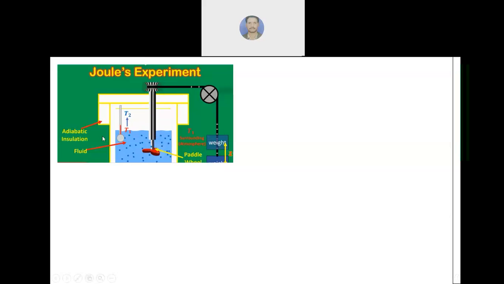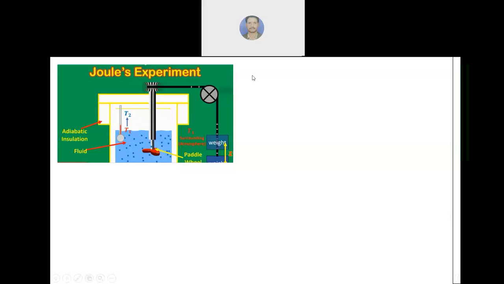Now when the paddle wheel is rotating, these water molecules will move. It will create kinetic energy, which results in increasing the temperature of the liquid, which is measured through the thermometer. Let the temperature rise to T2. Till now the things are clear.